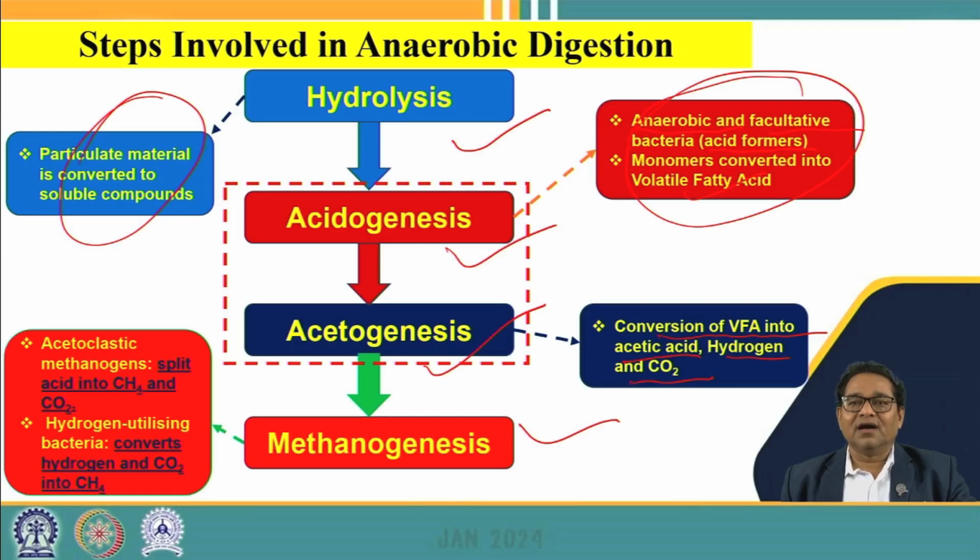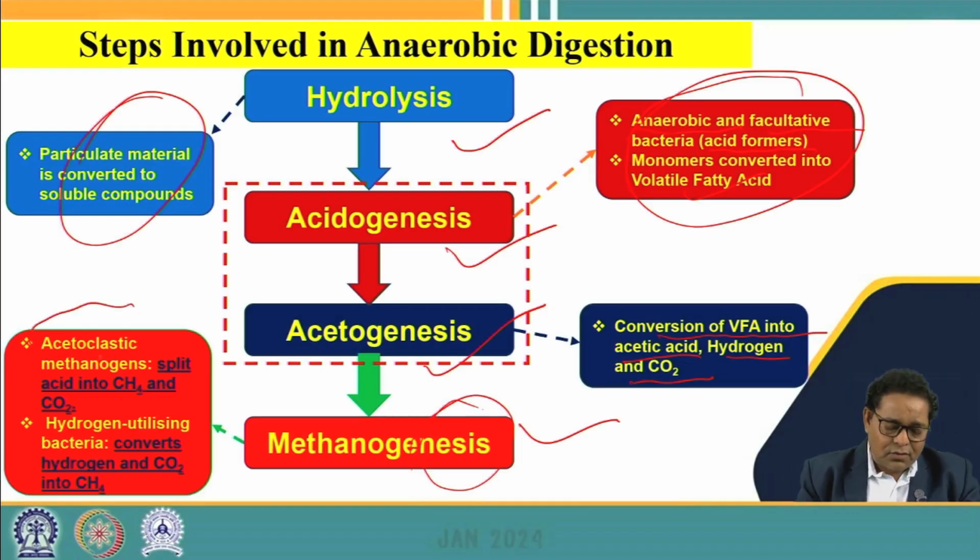These are the end products after the acetogenesis process, which are then again acted upon by a group of bacteria in the methanogenesis process, which converts the acetic acid into the final end products, which are methane, carbon dioxide and water. Again, in the methanogenesis process there are two groups of bacteria.